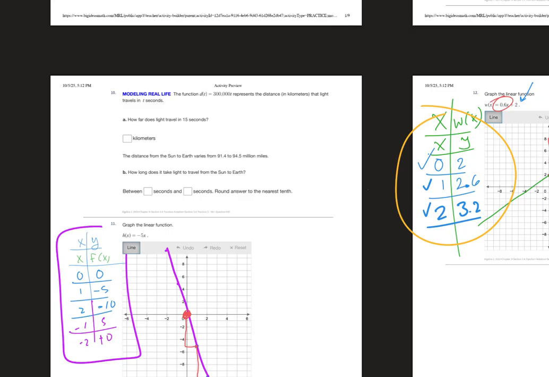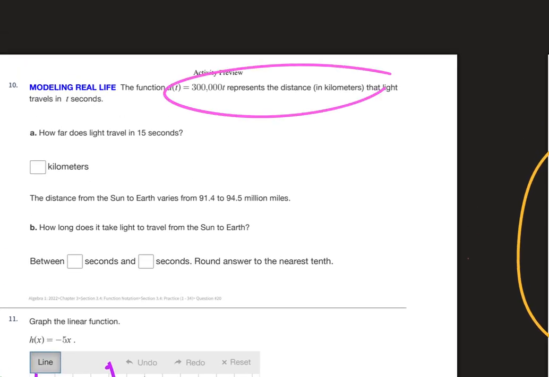So if you're curious, here's what's going on. They gave us this in kilometers and this in miles. Here's how you convert. You just multiply. 91.4, you technically multiply it depending on how accurate you want to be. 1 mile is 1.60934 kilometers. So let me grab my calculator. That is 147.093676.